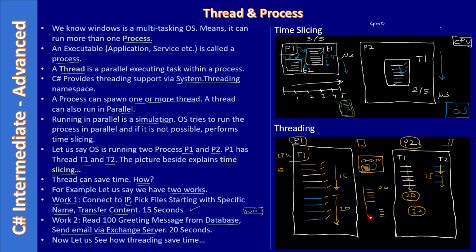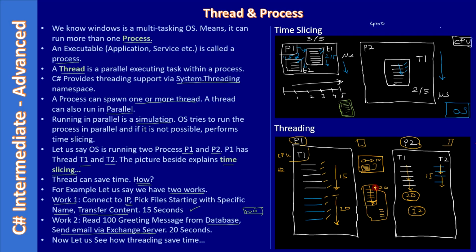If it is a form based UI, let's say a Windows form, they click a button and it initiates a task, and if it is in a single thread, other pieces of code won't run in the same process, so the user is blocked for this 20 seconds.